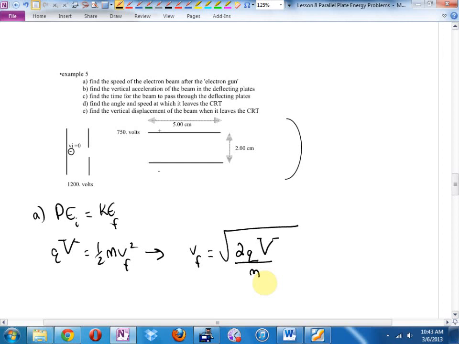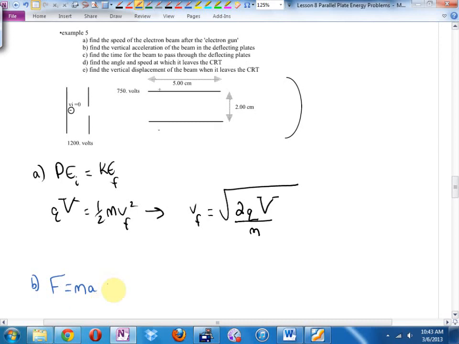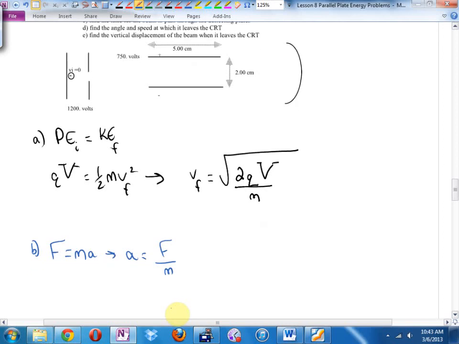B says, find the vertical acceleration of the beam in the deflecting plates. Well, F equals ma. The acceleration is going to be the force divided by the mass. And Jake, here's where your earlier question comes in.